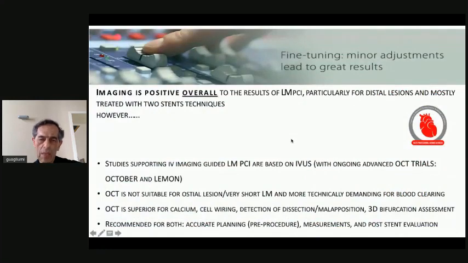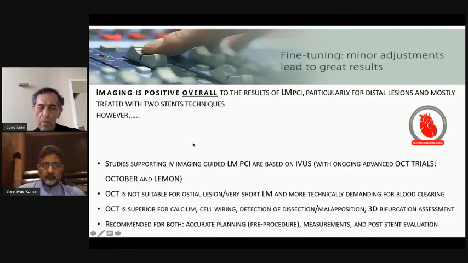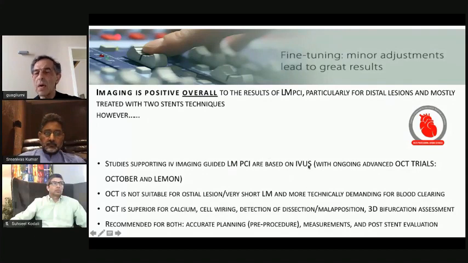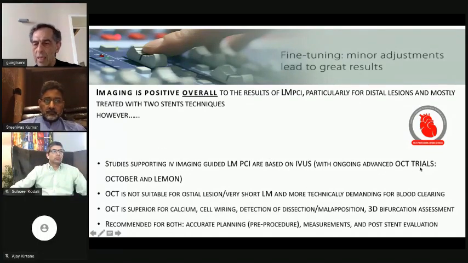Which type of impact can we expect? I think imaging is positive overall for the result of left main PCI, particularly for distal lesions and mostly when you are treating with a 2 stent technique. But you need to keep in mind that the studies supporting imaging-guided left main PCI are based on IVUS. And we are still trying to catch up with OCT, finishing this very important study.